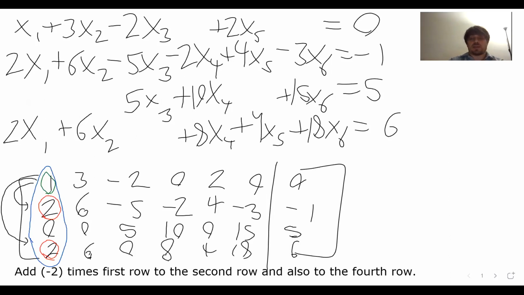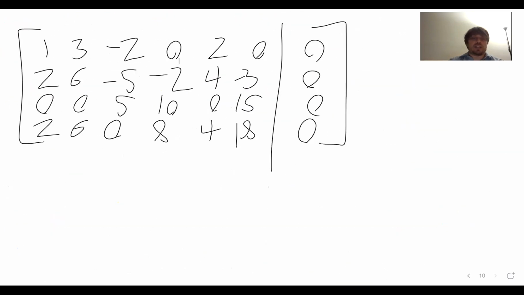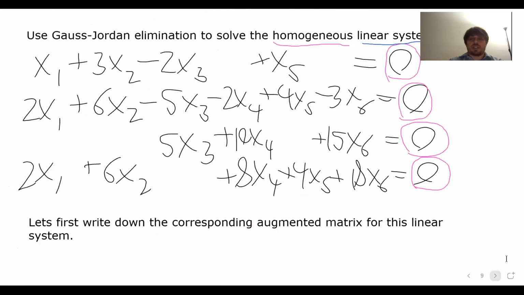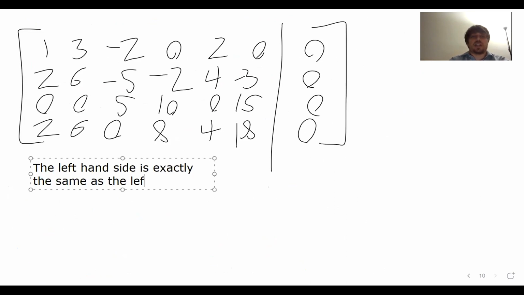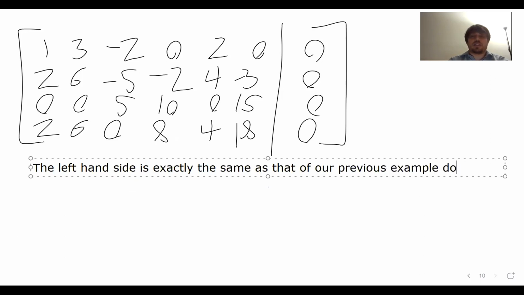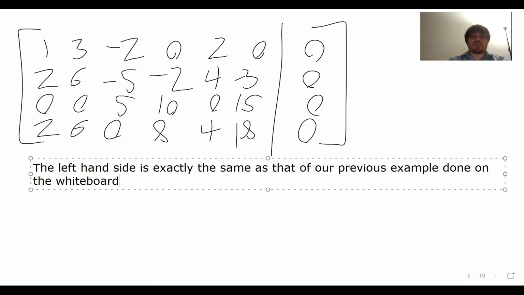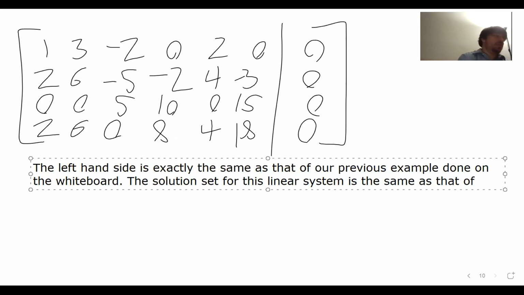The left-hand side is the same as in example 5 that we just did, done on the whiteboard. So the solution set for this linear system is the same as that of, let me put it another way.